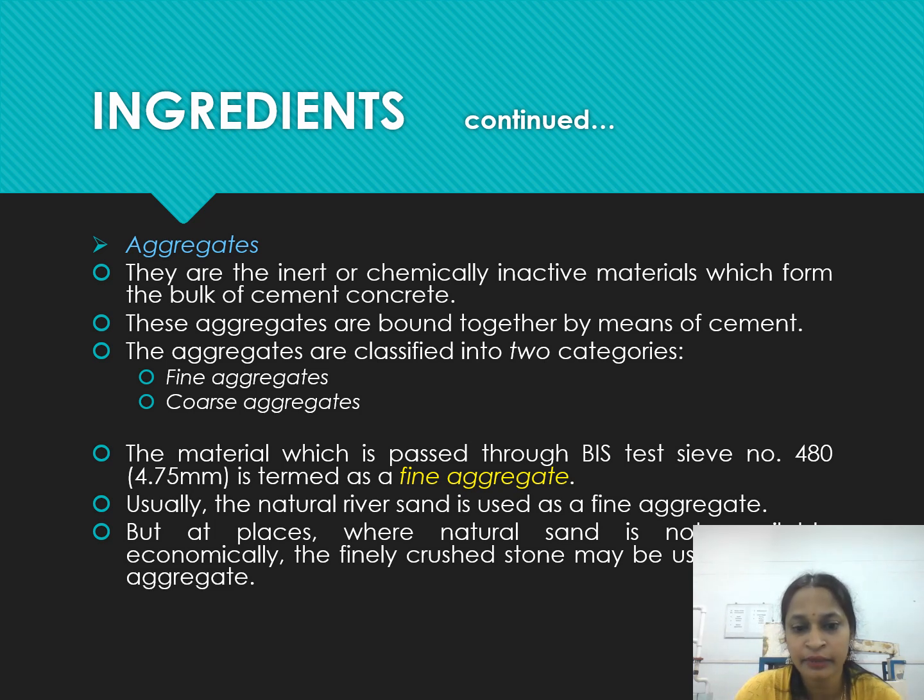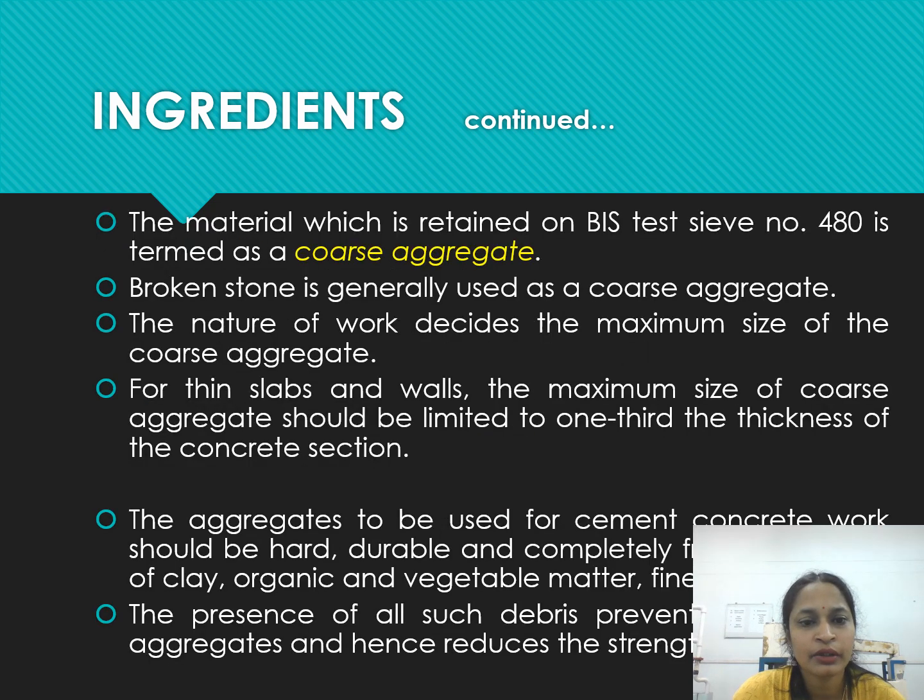Usually river sand is used as the fine aggregate. The material which is retained on the BIS test sieve 580 is termed coarse aggregate, which is broken stone, generally used for walls, slabs, everything.